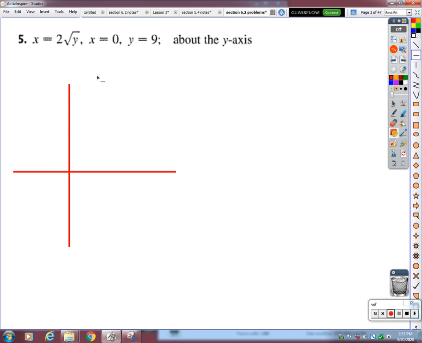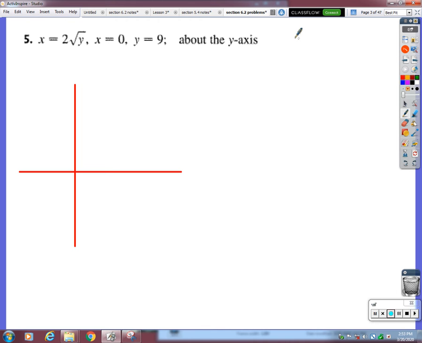Okay, x equals 2 square root of y. How the heck are we going to graph that? Well, let's think of what that would look like if we solved it for y. If I divide both sides by 2 and then square, then another way I could get this is y equals x squared over 4.